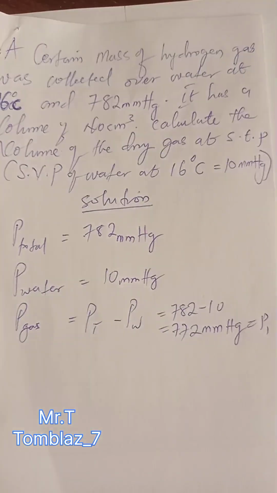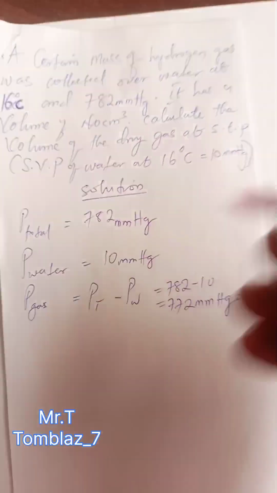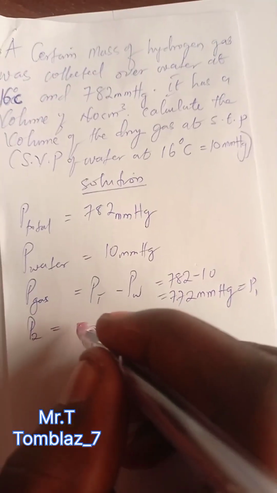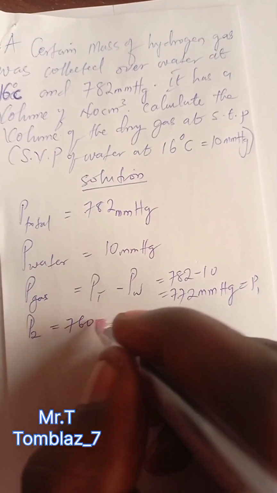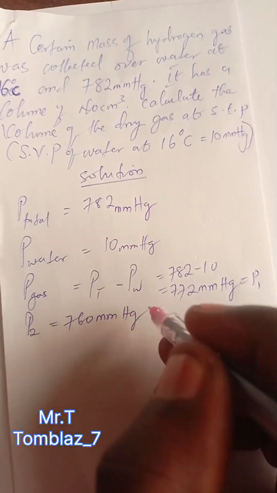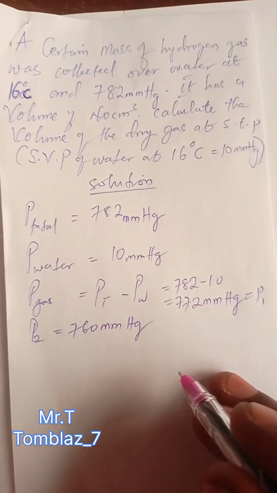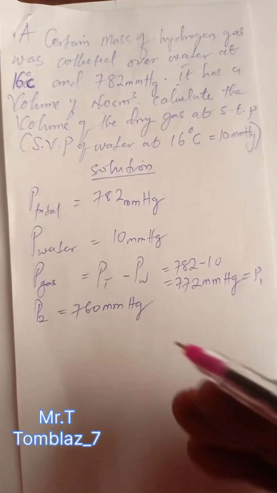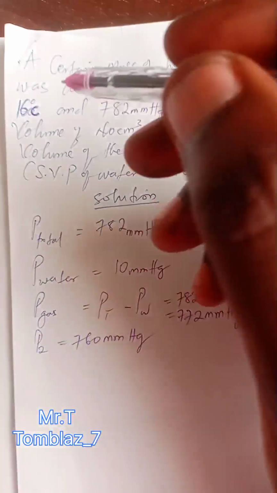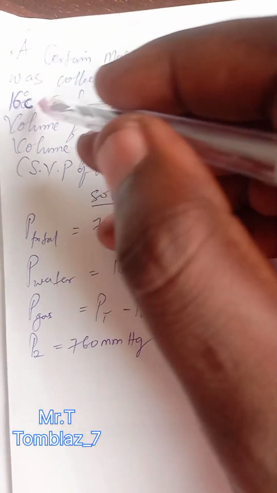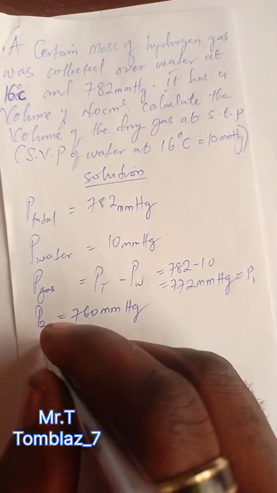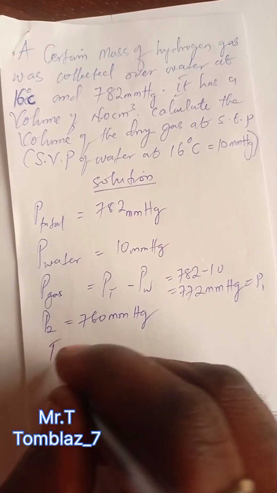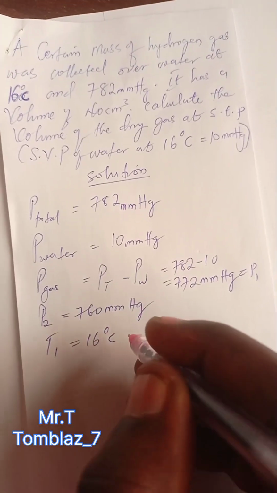Okay, so if that's P1, at standard temperature and pressure, our P2 we already know to be 760 millimeter mercury. Then temperature. The temperature here is 16 degrees centigrade. So T1 is equal to 16 degrees centigrade, but we don't use degrees centigrade, right?